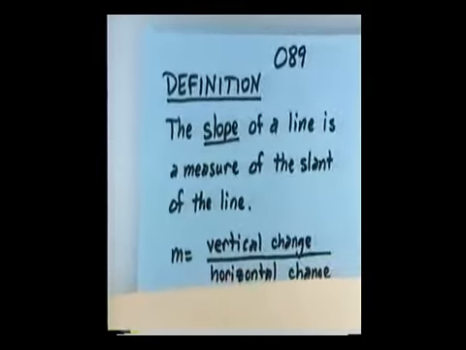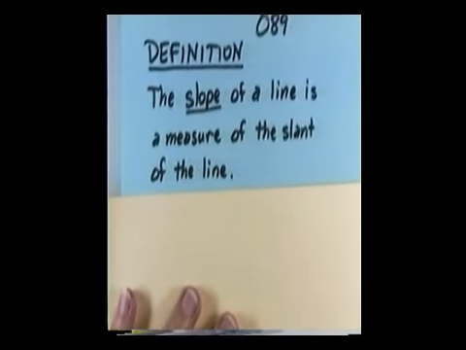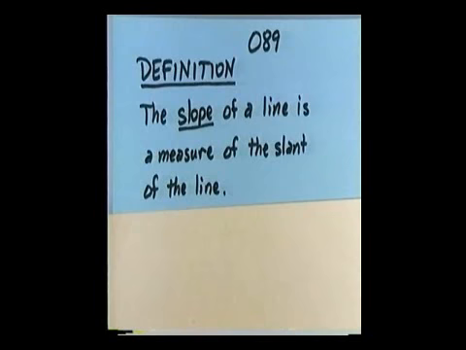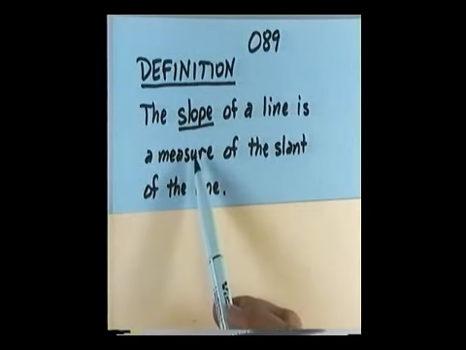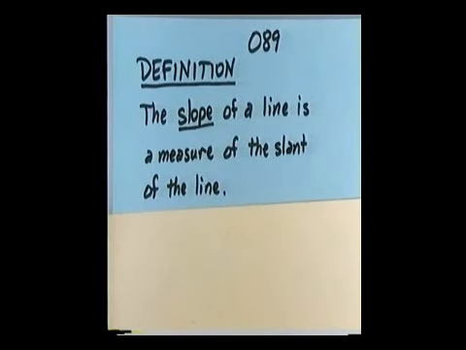Now let's turn our attention to the slope. The slope of a line is a measure of the slant of the line. Since a slope is a measure, that means that we'll find a number for the slope.